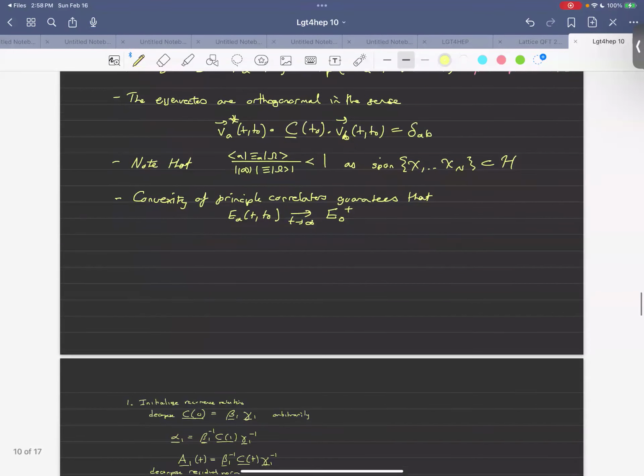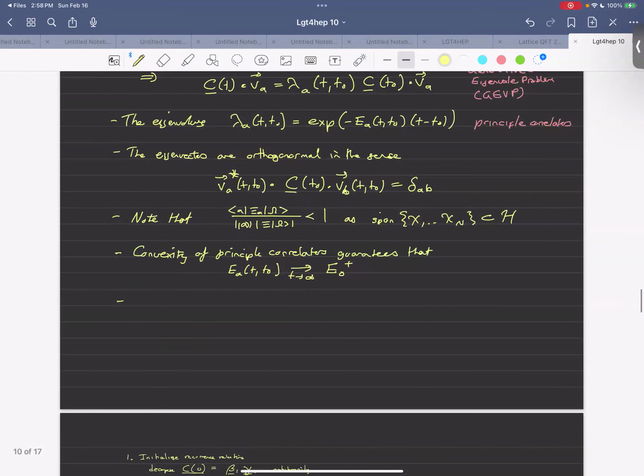Okay, one last thing that we know about this is there's a theorem called the Cauchy interlacing theorem.